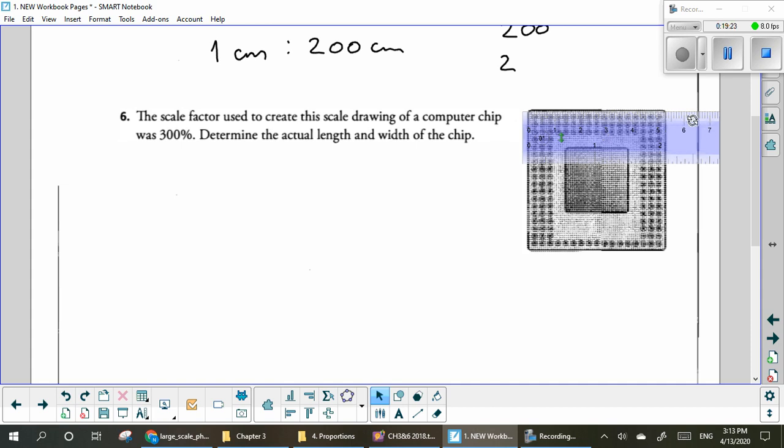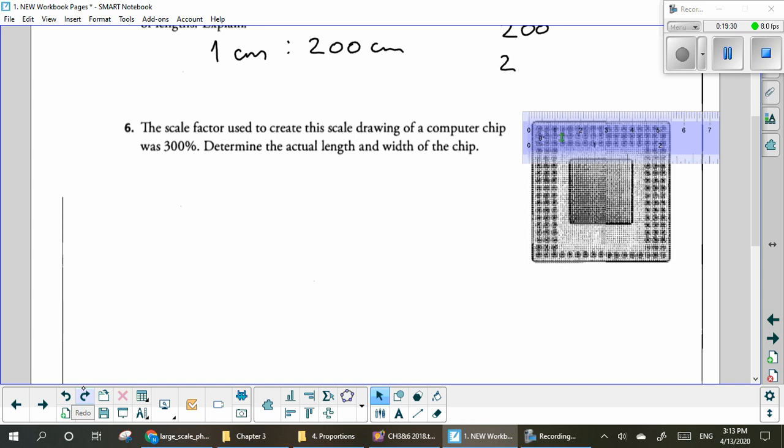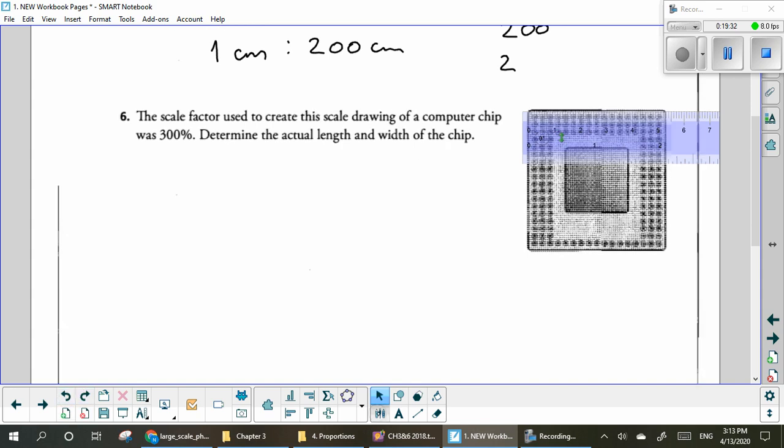It looks like 5.3 centimeters. So this is the diagram size now. So 5.3, and we're going to look at it as 300% is our enlargement in this case.